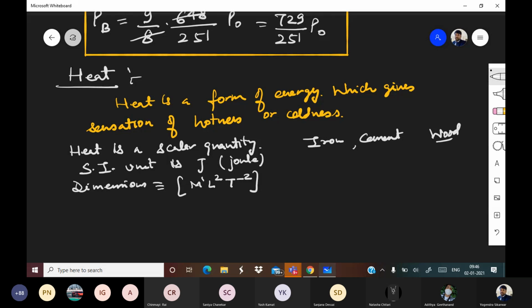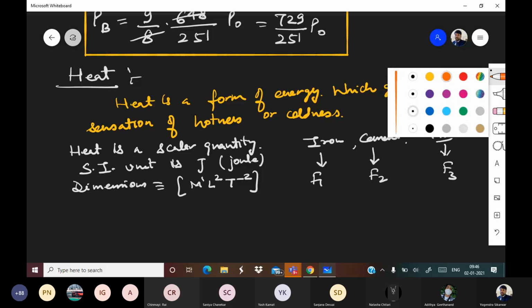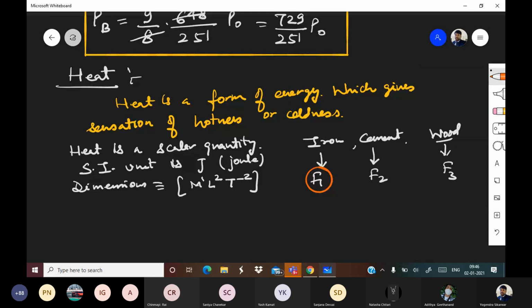Now 3 of you friends, one is sitting on the iron bench, another on the cement bench, and the third on the wood bench. Or you yourself can be seated on all 3 one by one. So the one who is sitting on the iron bench will find the bench cold.